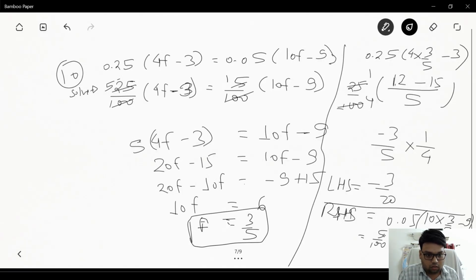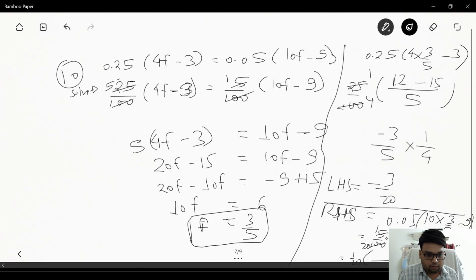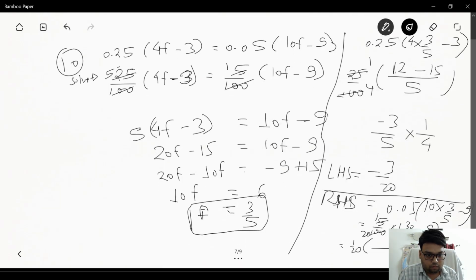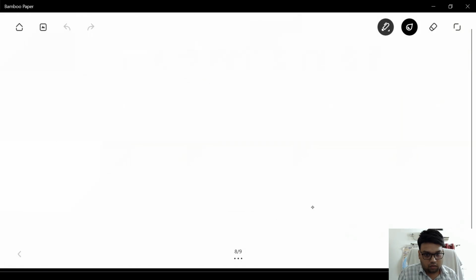So 5 ones are 5, 5 twenties are 100, so 1 by 20, into (6 minus 9). 30 by 5 is 6, so minus 3, and 1 by 20 into minus 3 gives 3 by 20 with a minus sign.